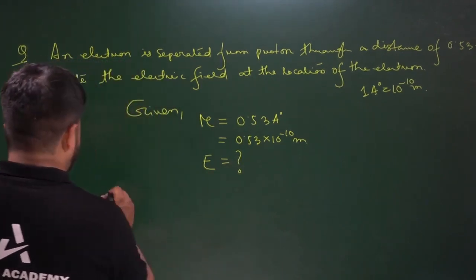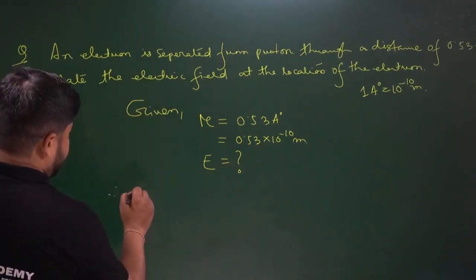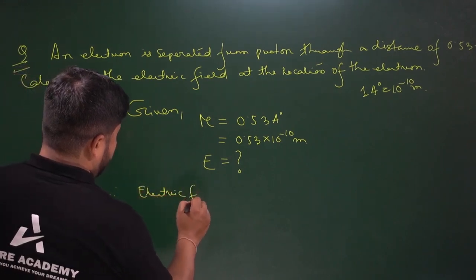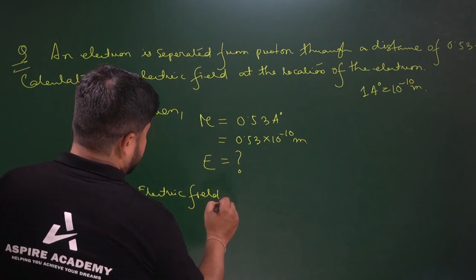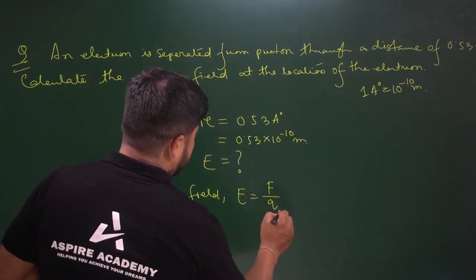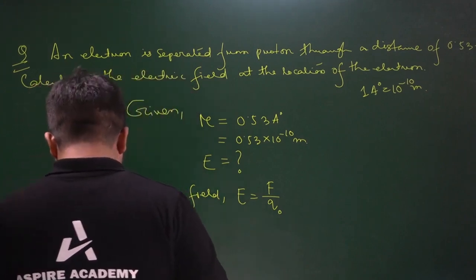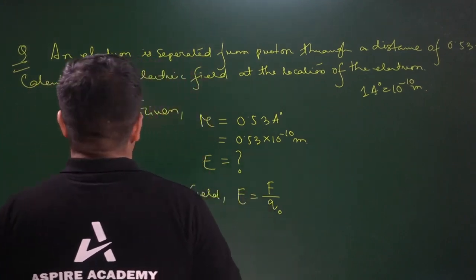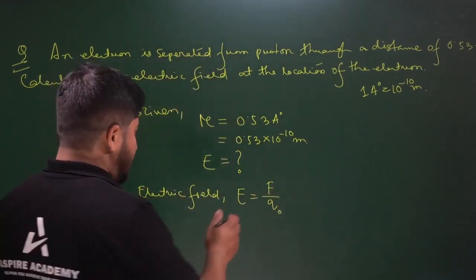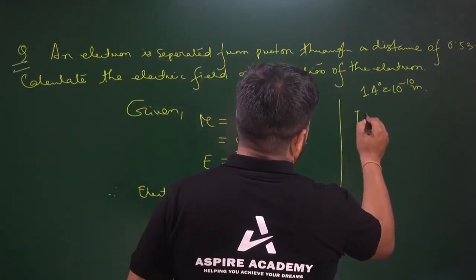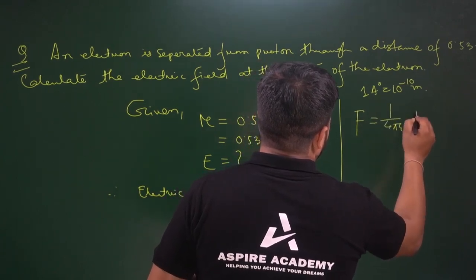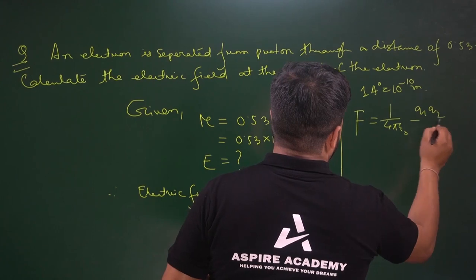We know the formula for electric field: E is equal to F by q naught. The electron is separated from a proton, which means one is a positive charge and the other a negative charge. The force formula is F equals 1 by 4 pi epsilon naught Q1 Q2 by r square.